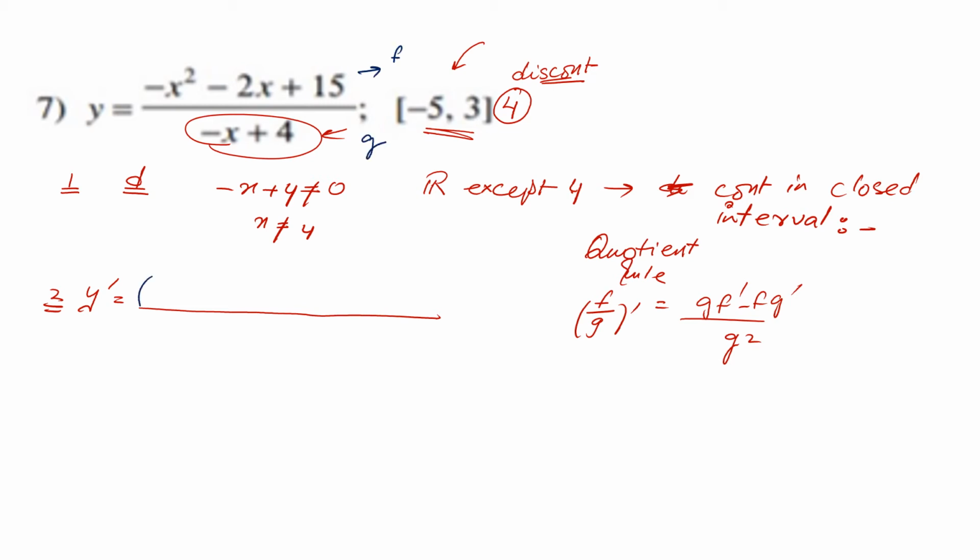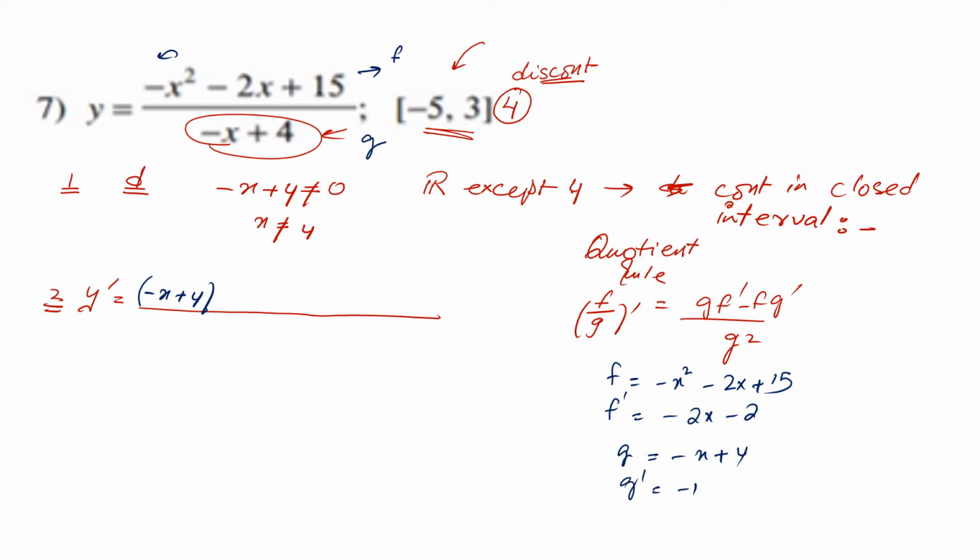Start with g, negative x plus 4, f prime. It means take the derivative, or I will show you over here. So your f is negative x square minus 2x plus 15. The derivative of f will be negative 2x minus 2. Your g is negative x plus 4, so your g prime is negative 1.